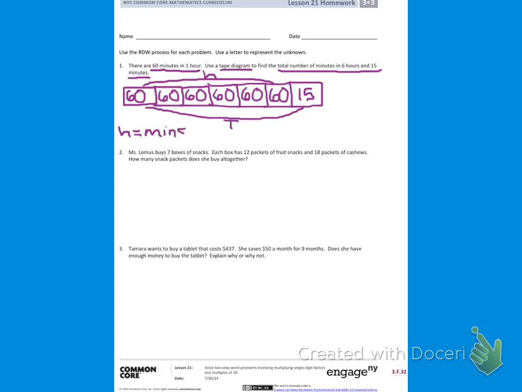I'll just put mins for minutes in 6 hours. And T is going to be equal to the minutes, or I'll put mins again, in 6 hours, 15 minutes.